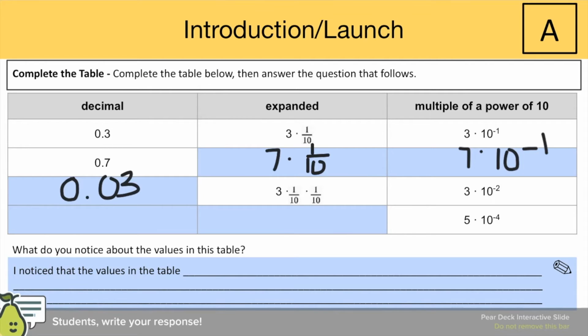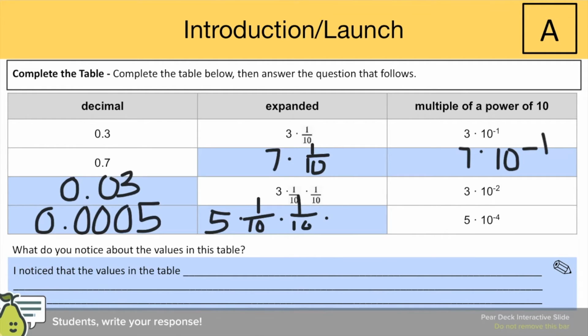And the last row is going to be represented by this decimal, which is the same thing as 5 times 1/10 times 1/10 times 1/10 times 1/10.